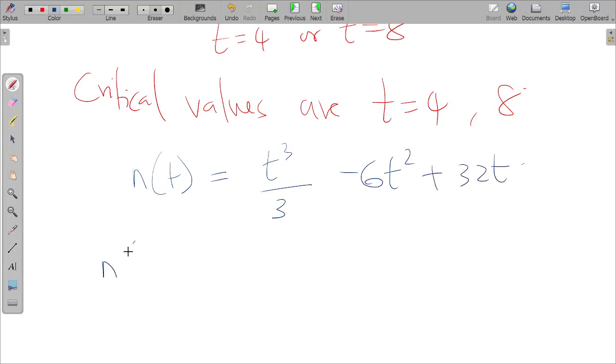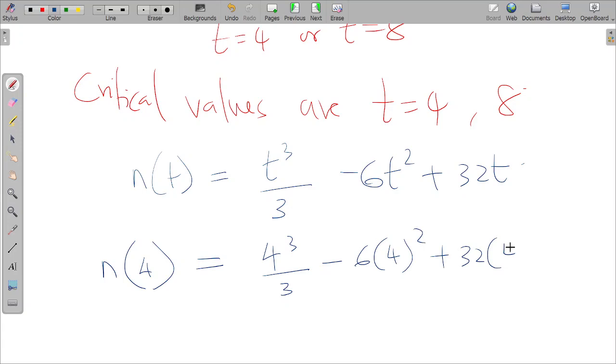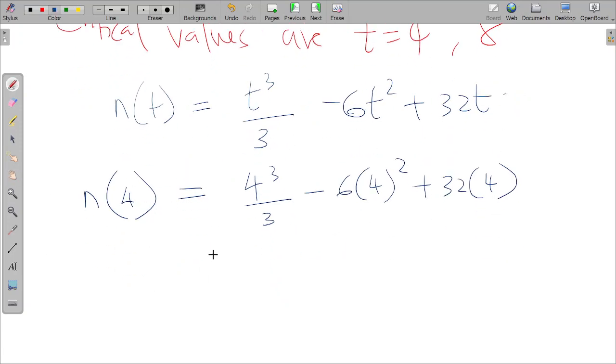I need to evaluate this at 4. So that will be 4 cubed over 3 minus 6 times 4 squared plus 32 times 4. You can press your calculator on this, and that should give us 128 over 3.